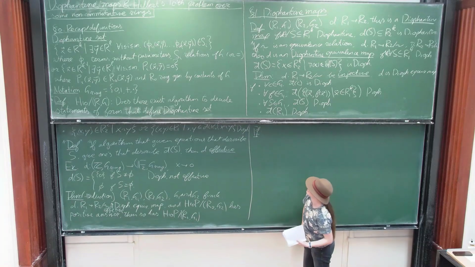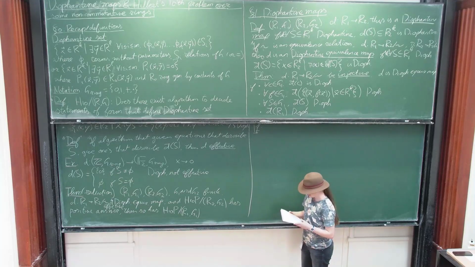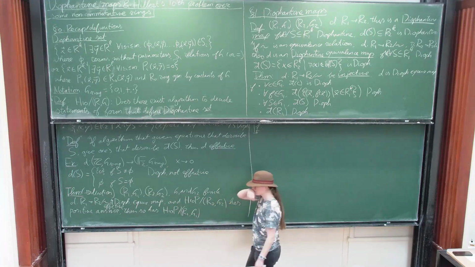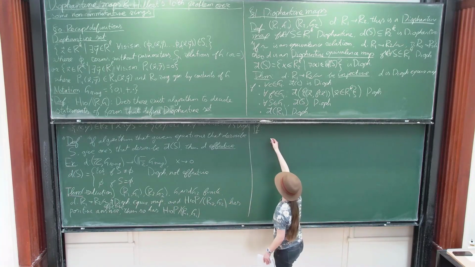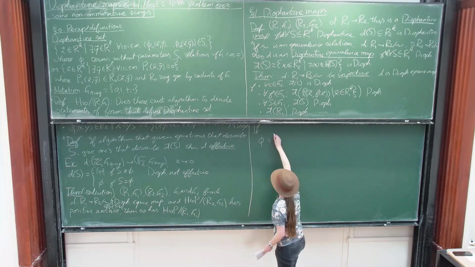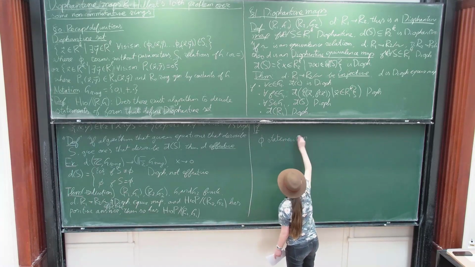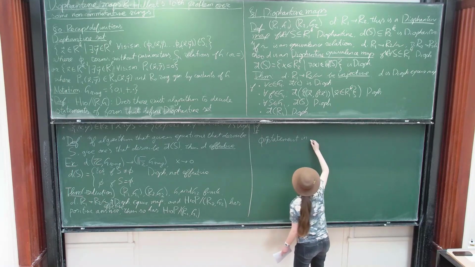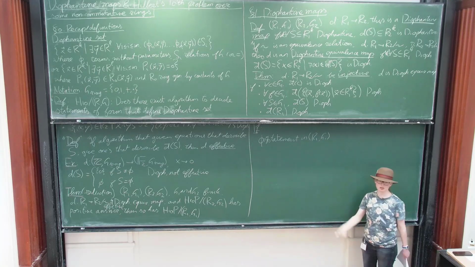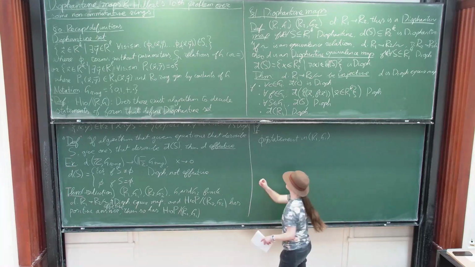I cannot write anymore. So the idea is that we're just gonna build this algorithm. And so if we have some statement, say phi, in our first ring, what we're gonna do is build a Diophantine set out of this, because otherwise we can't use the Diophantine map.